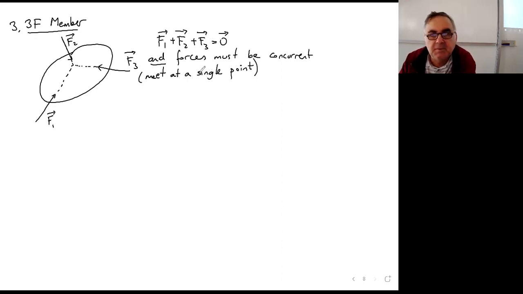Otherwise, it is not possible to have equilibrium. You can also have three forces and a moment member, etc. But it doesn't matter really. The thing is the moment about point O of the forces, but obviously you see that it is zero. In order to have equilibrium, you have to have this.